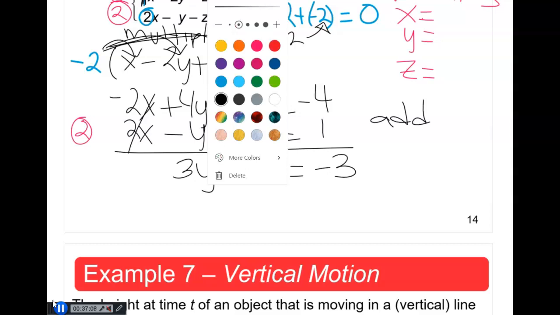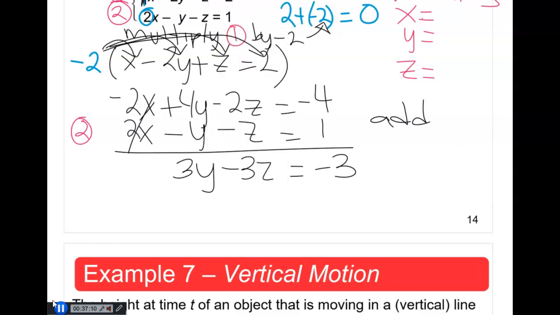So now our two equations, I'm going to write them, the new or equivalent system that we have created in row-echelon form. It's going to be the first equation, which I'm going to write here, x minus 2y plus z equals 2.